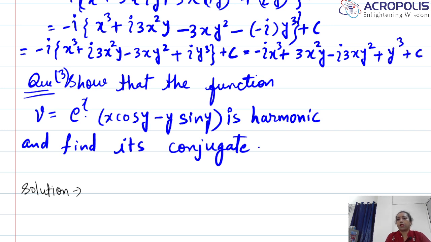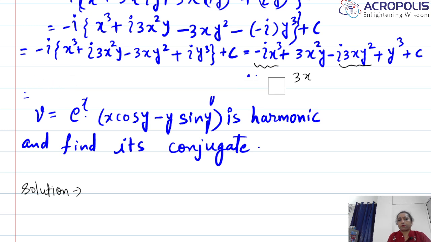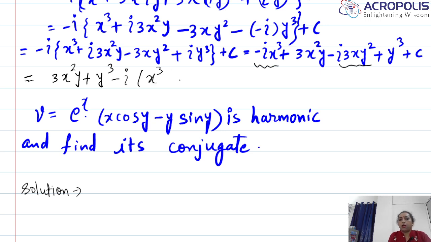Now I am separating the real and imaginary parts. So these are the imaginary parts. I can write it as 3x square y plus y cube, and if I take i as a common factor, I have here x cube plus y cube plus c.